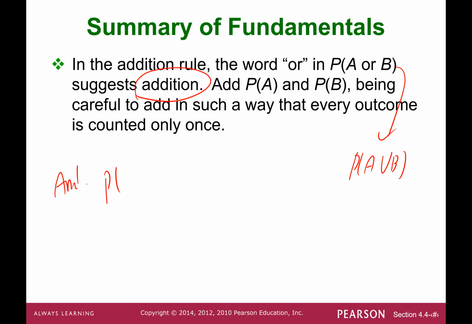And then the probability of A intersect B, we're using the multiplication rule: P(A) and the probability of B given that A occurs.